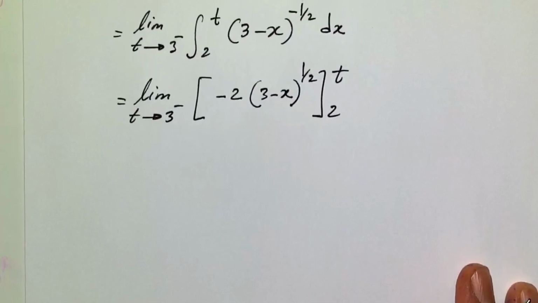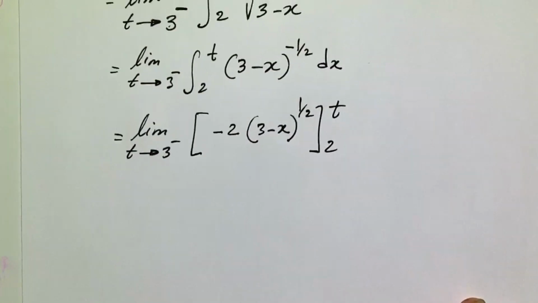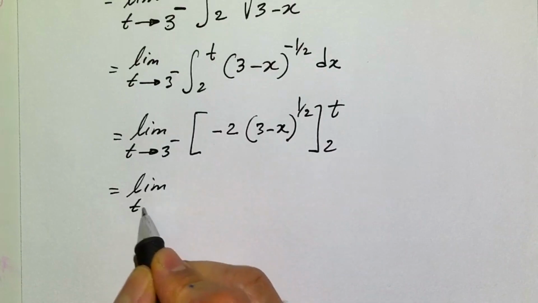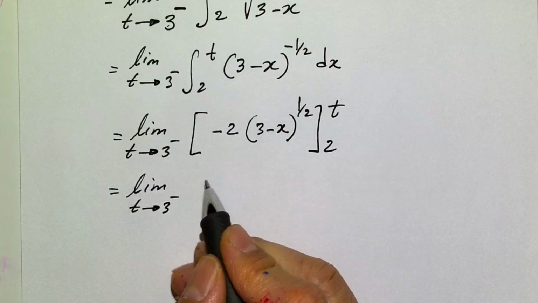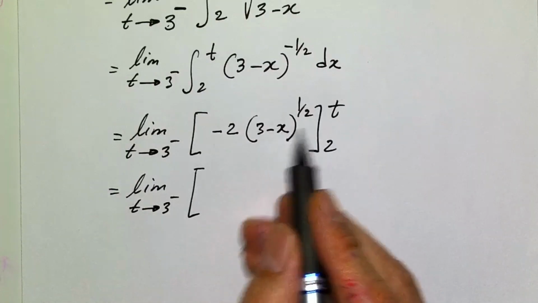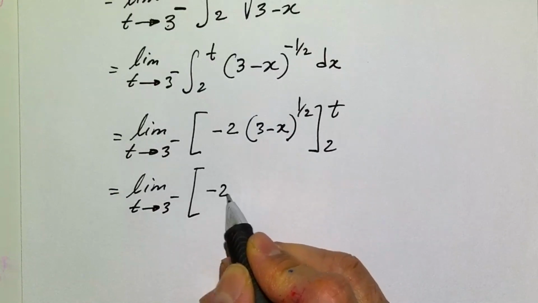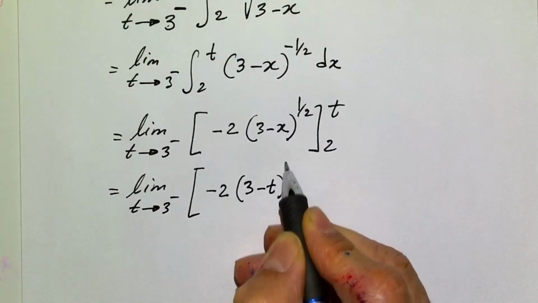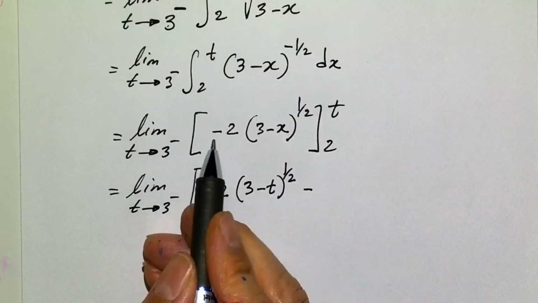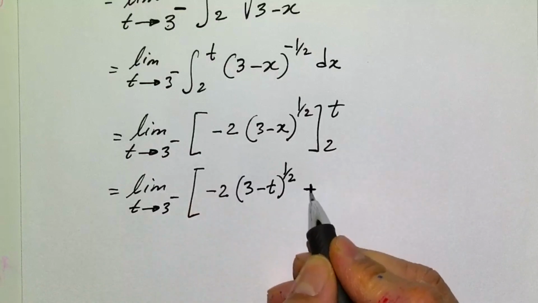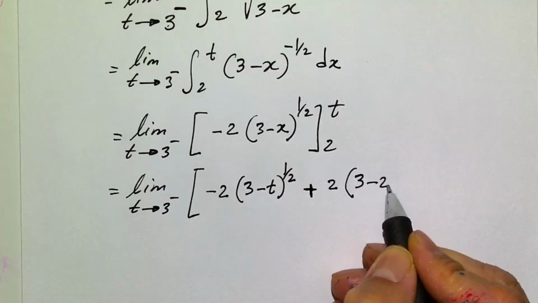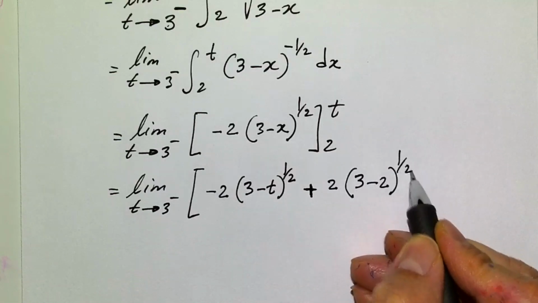Okay, so now if we evaluate this quantity, we have limit as t approaches 3 from the left. What do we have? Let me substitute that, x with t, -2, 3 minus t to the 1/2, minus this minus and that minus. It'll make it positive 2 times 3 minus 2 to the 1/2.